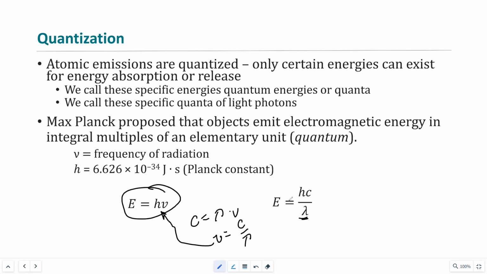So if we really are more interested in the wavelength of light that's associated with an energy, which is normally the case because wavelengths of light are a lot easier to measure than frequencies, this is ultimately the equation that we will use, where we can put in our wavelength of light, again, in meters, and it'll end up giving us an energy for that light in joules once everything cancels out.